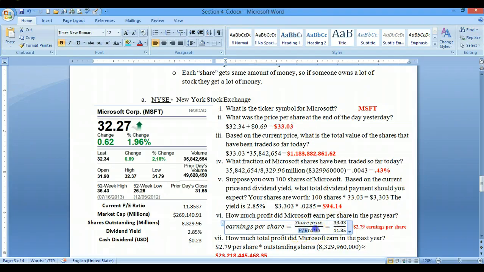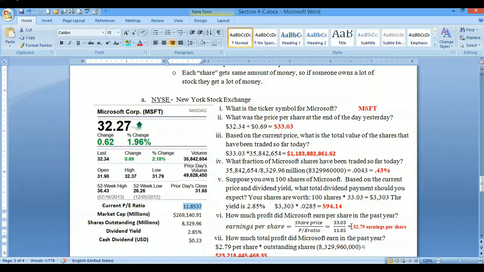And we can go find in our chart over here, the price to earnings ratio is 11.85, and we're going to just go ahead and round it to there. Dividing that gives me $2.79 earnings for every single share. So if you had 2, you would times that by 2 and get just over $6.